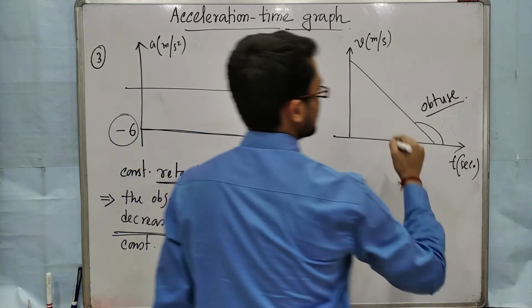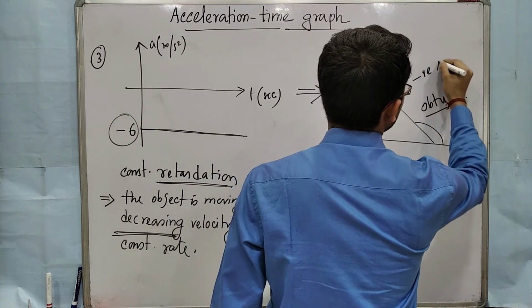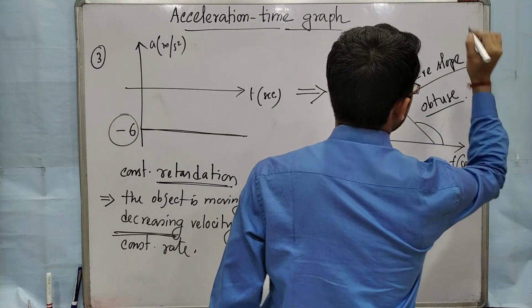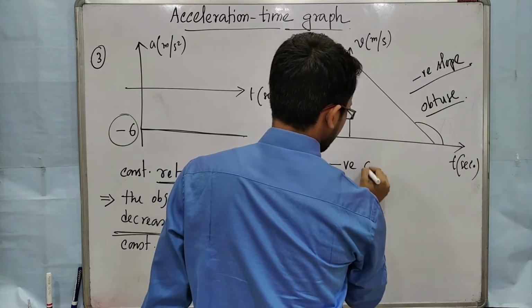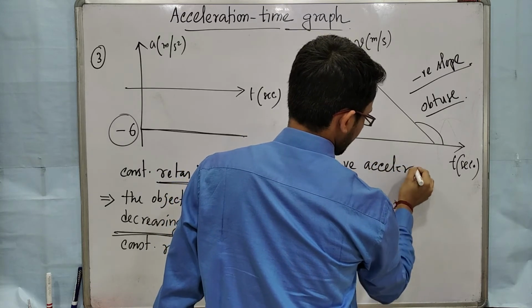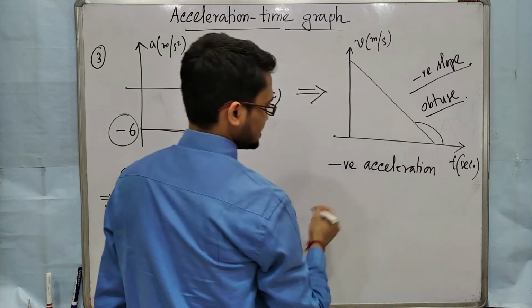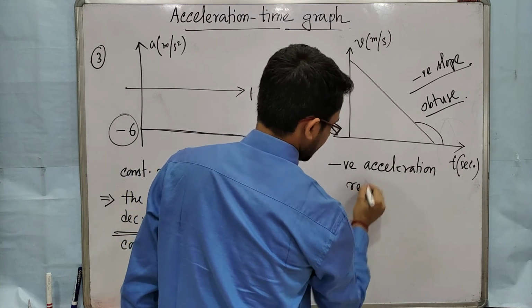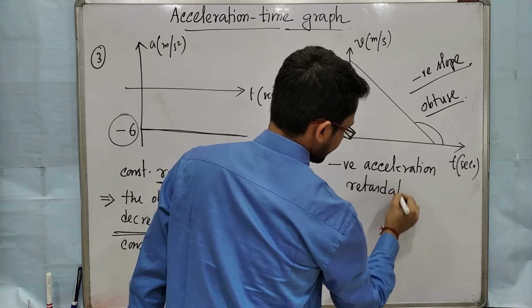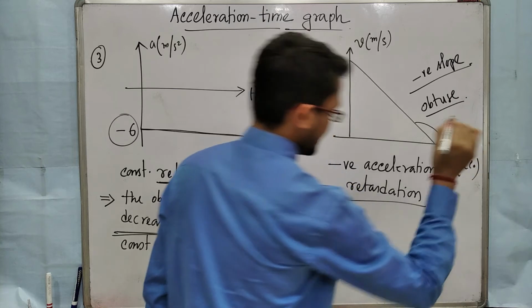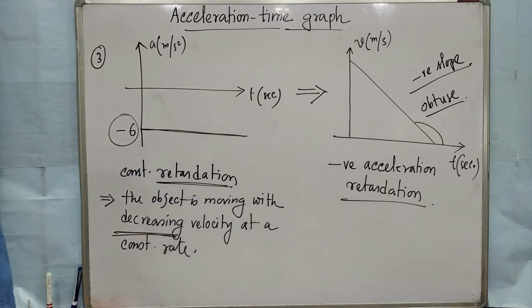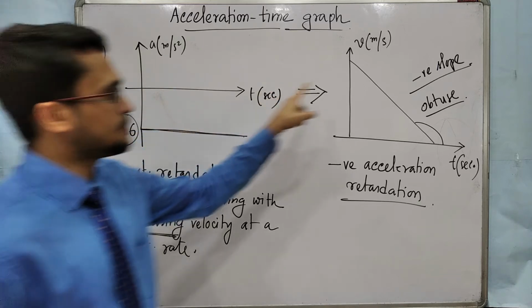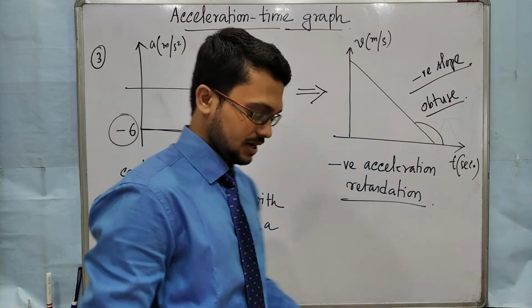Negative slope means negative acceleration, and negative acceleration means retardation. Clear? So this is the acceleration time curve, and this will be the velocity time curve.